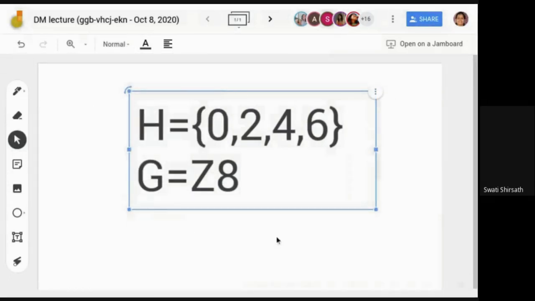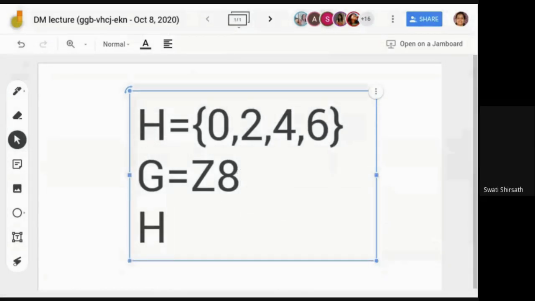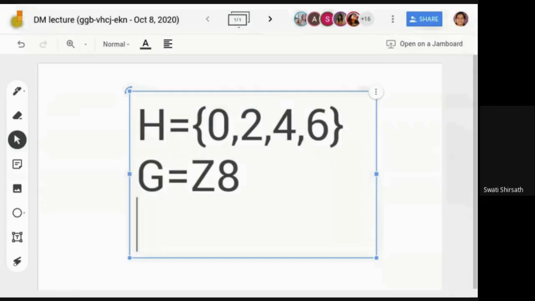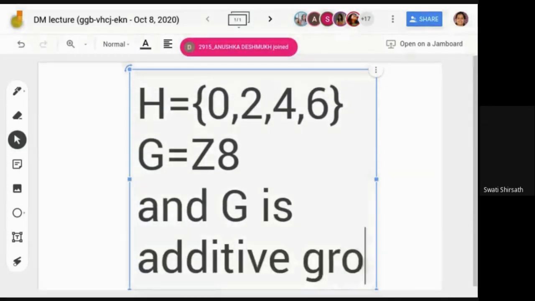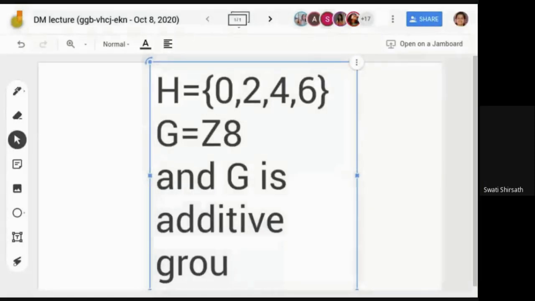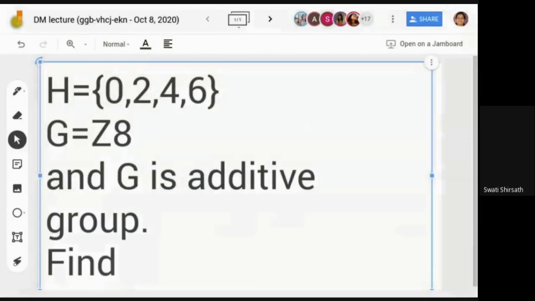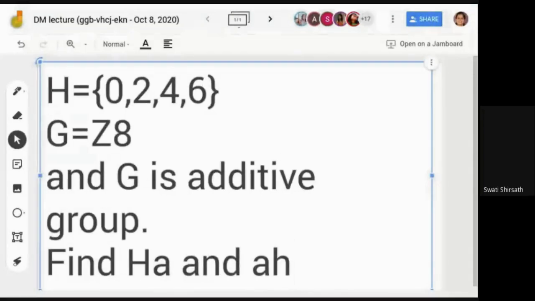There is no option over here. Okay, fine. Then I want you to find, and G is an additive group. I hope you understand the meaning of this word now, additive group. Find Ha and aH. So what will be the values of G?